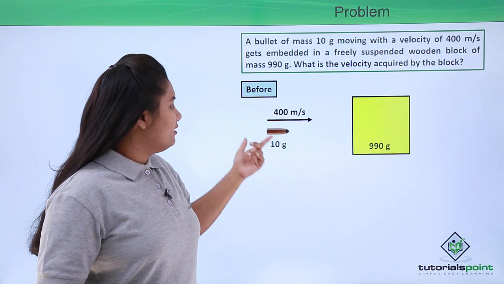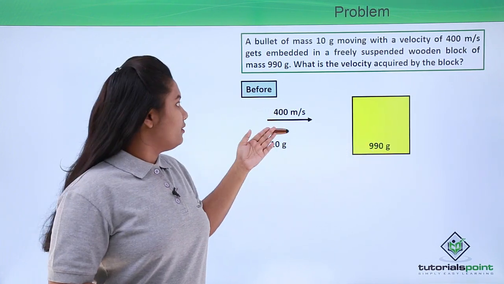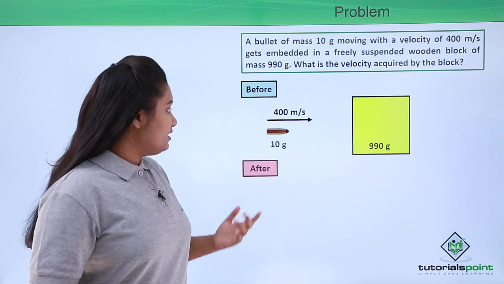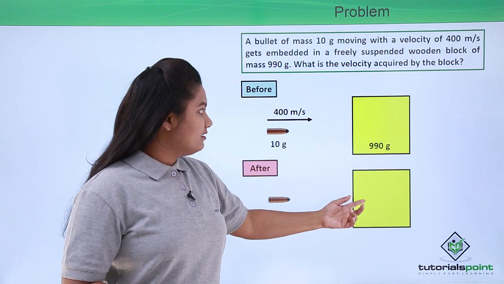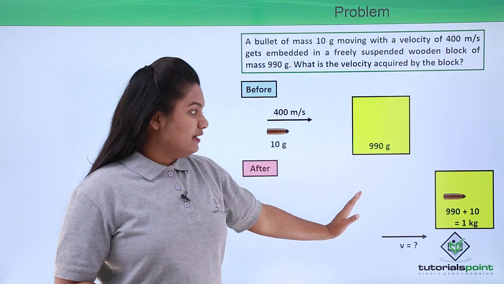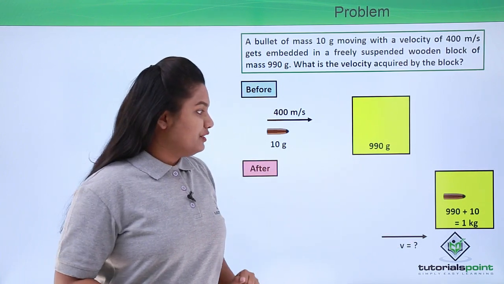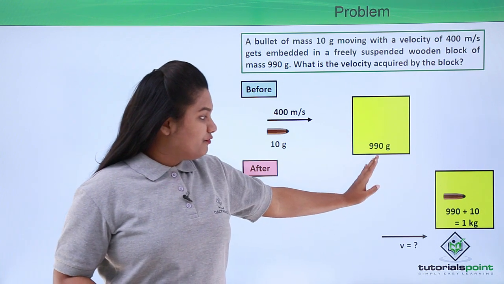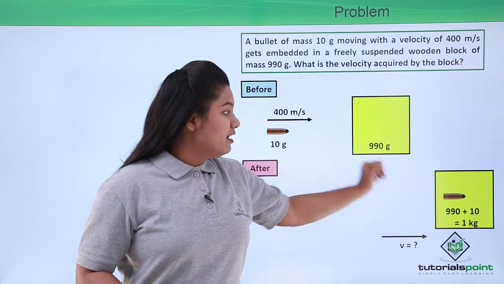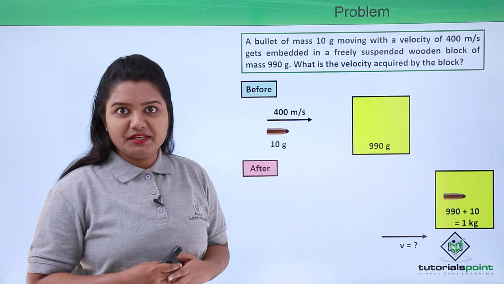Before the bullet touches the wooden block, its velocity was 400 meters per second, and after it enters the block, it gets embedded into it, and these two objects start moving together. So here we need to find the velocity with which this block moves after the bullet hits it or gets embedded into it.